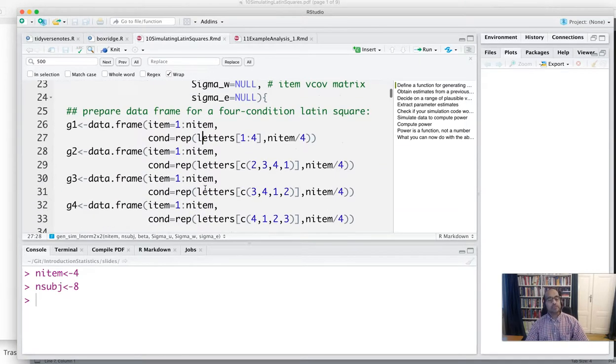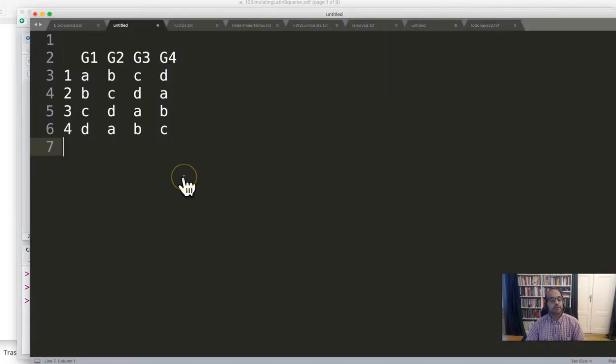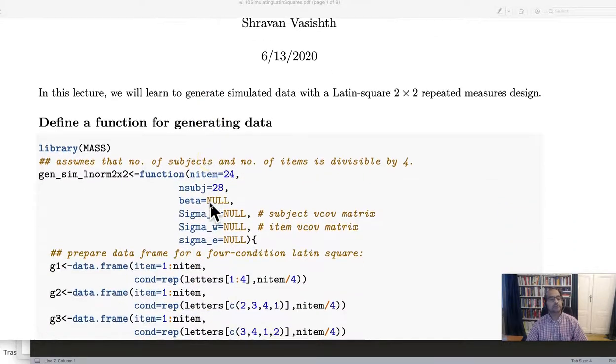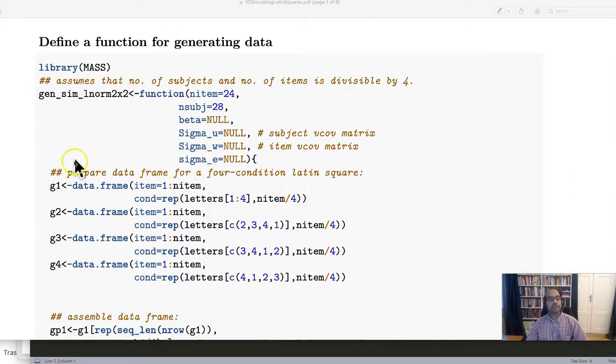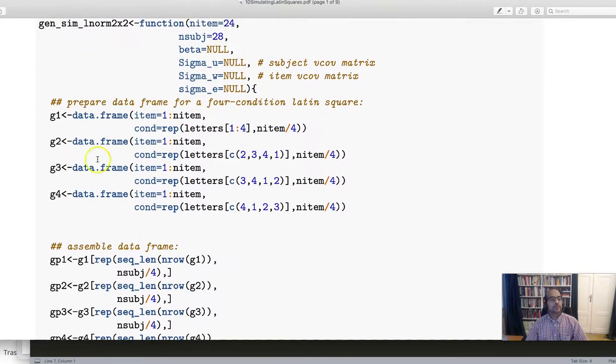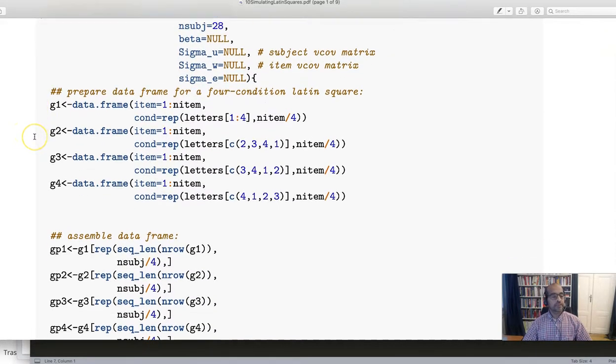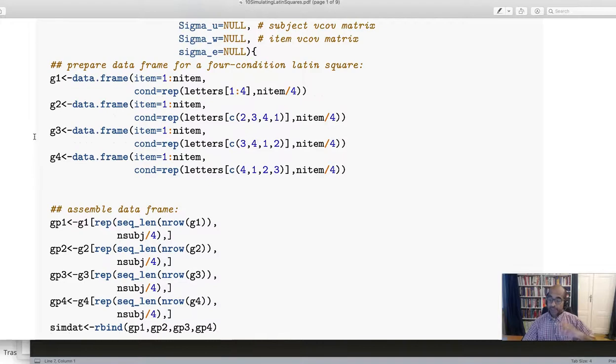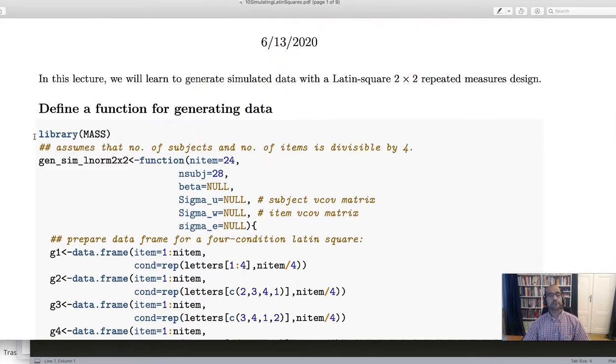In the function that I'm going to write for generating simulated data, this gensim log normal 2 by 2 design, I'm going to run the following commands. I'm going to explain how I generate the Latin square in this function.